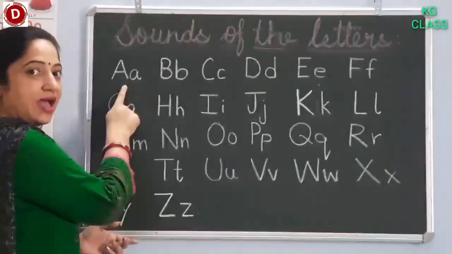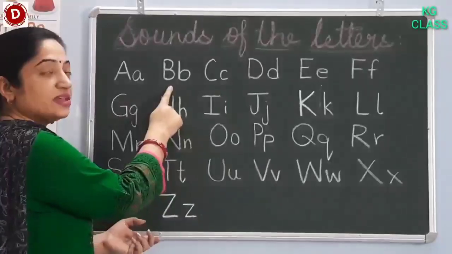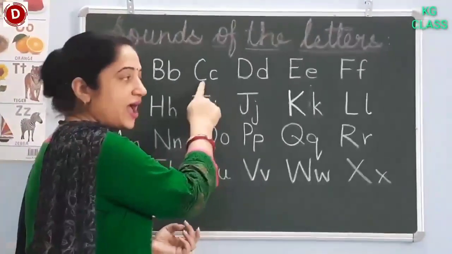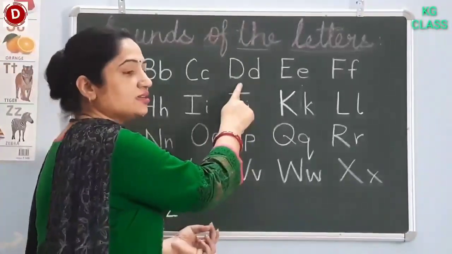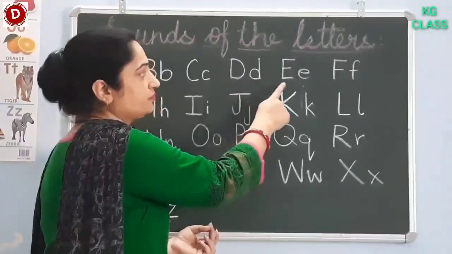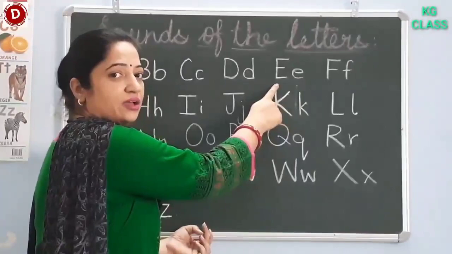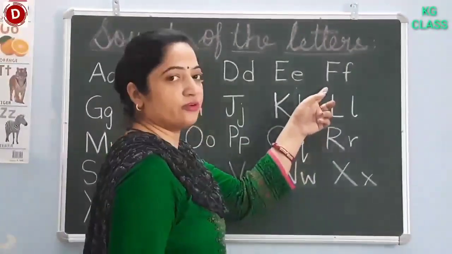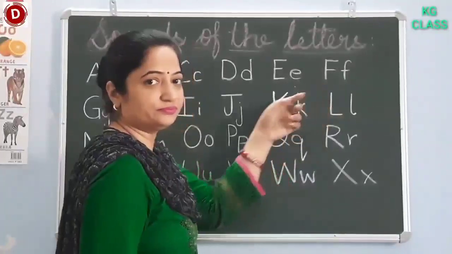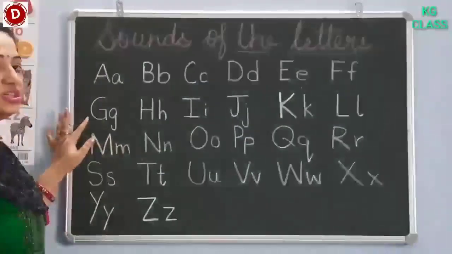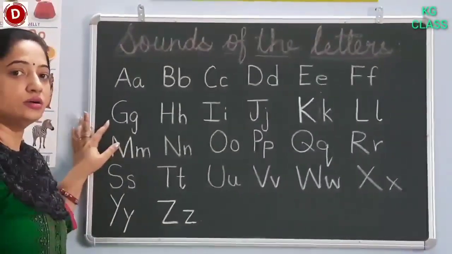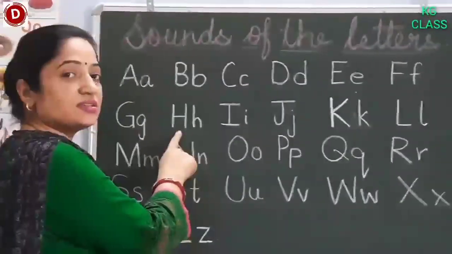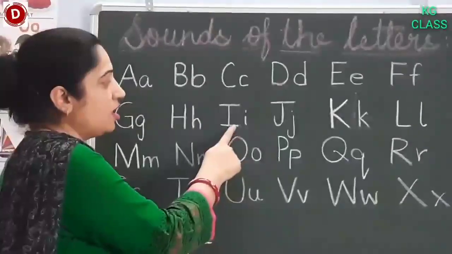A says apple. B says ball. C says cat. D says dog. E says elephant. F says fish. G says grapes. H says house.